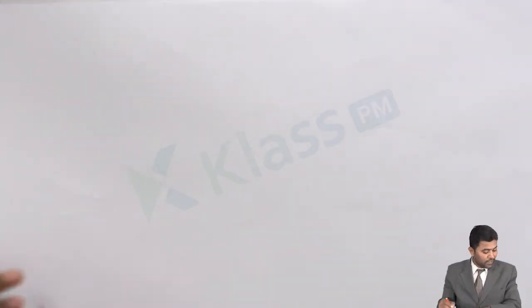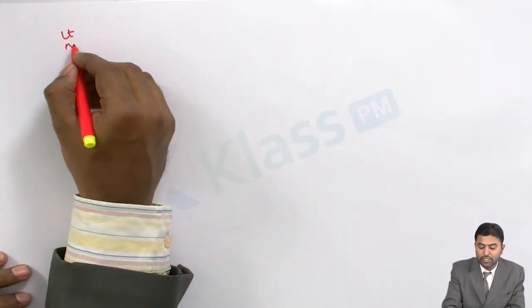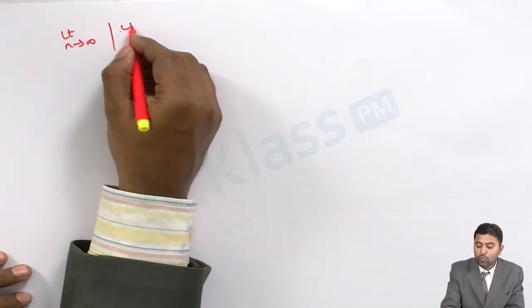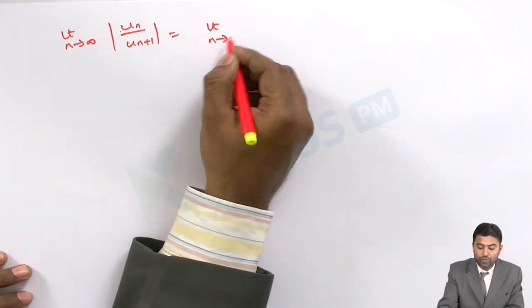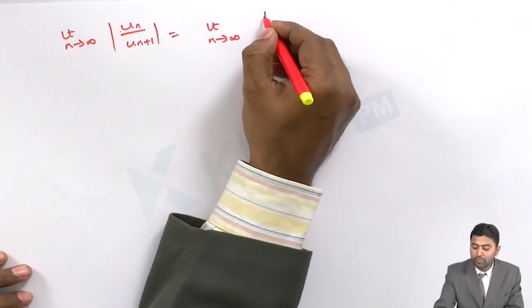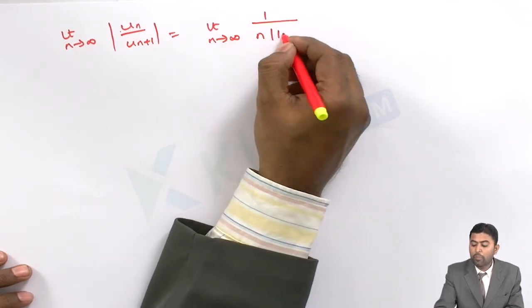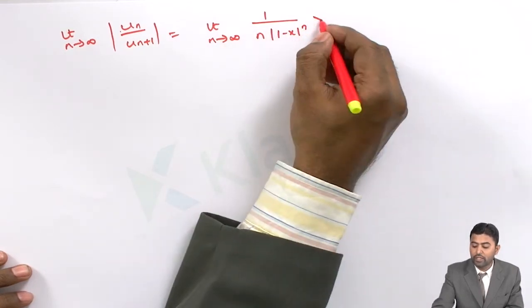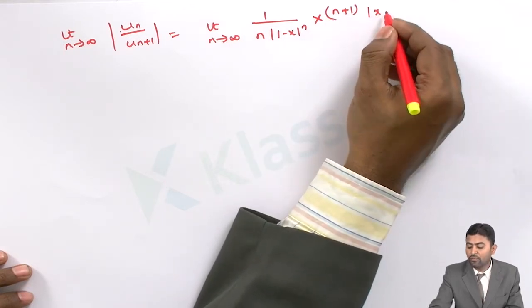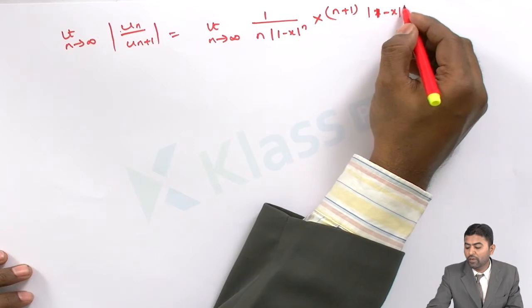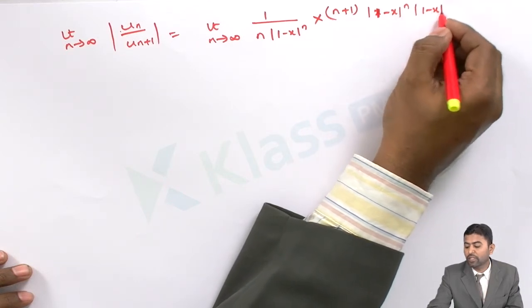Then rewriting this, I'll get limit n tends to infinity mod un by un plus 1 is equal to limit n tends to infinity 1 by n into modulus of (1 minus x) whole power n into n plus 1 into modulus of (1 minus x) whole power n into modulus of (1 minus x) whole power 1.